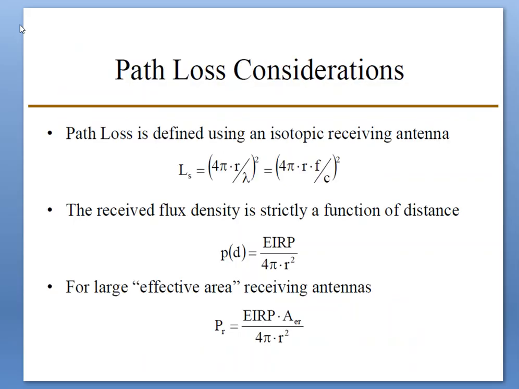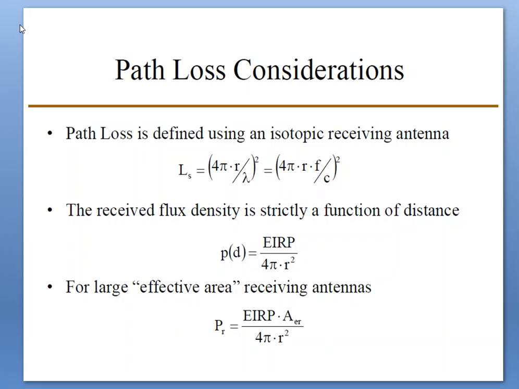As in the above equation, it can be seen that LS, the path loss, is wavelength and frequency dependent. The question is often asked, why should the path loss, which is just a geometric inverse square loss, be a function of frequency? The answer is, the path loss is characterized by a definition predicated on using an isotropic antenna with gain equal to 1.